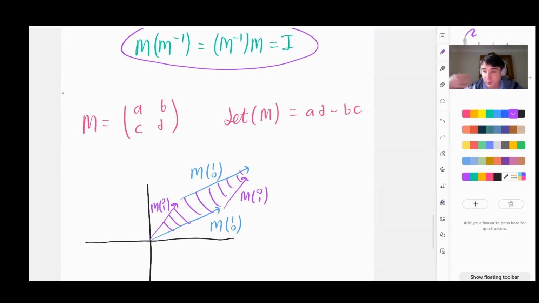If you think back to the beginning of the video, you'll notice that the form of these two column vectors, M(1,0) and M(0,1), is really important. It defines everything about how this matrix works on the plane. And the determinant actually measures the area inside this parallelogram that I'm drawing here. There's a little bit of subtlety here.